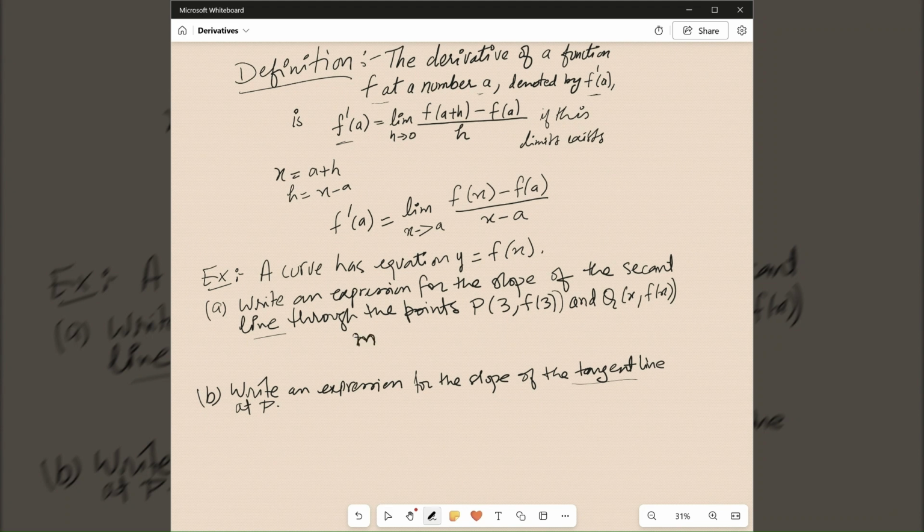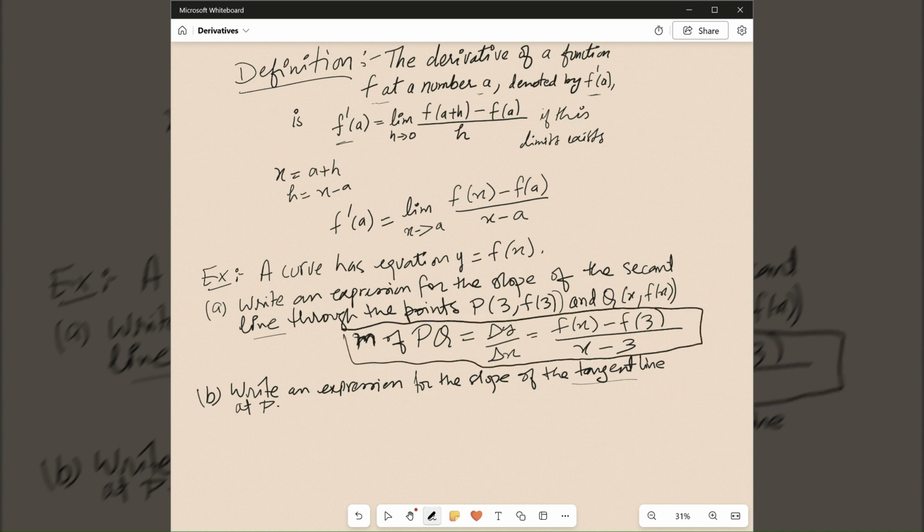We are not going to find the derivative, because we cannot apply this definition here, as the secant line touches the curve at 2 points. So we'll find the slope, which you usually denote by m of PQ, is equal to differences in y's over differences in x's. This is f of x minus f of 3 divided by x minus 3. So this is the expression for this one.